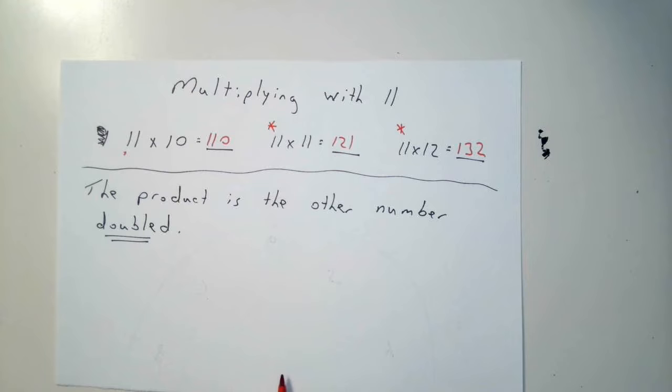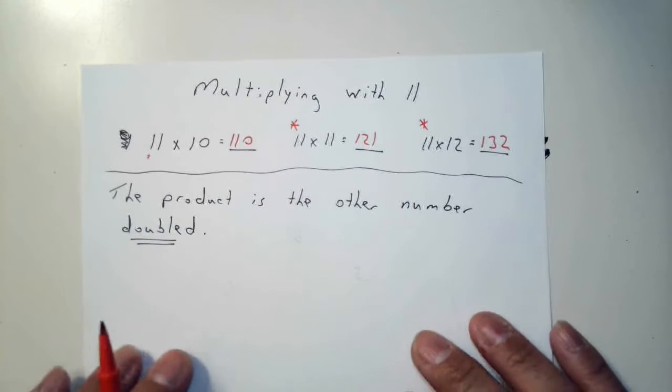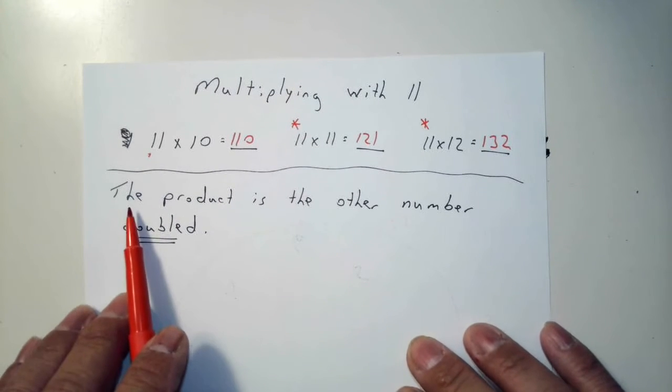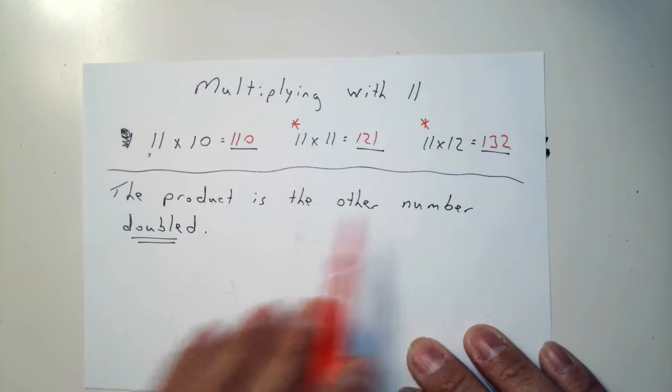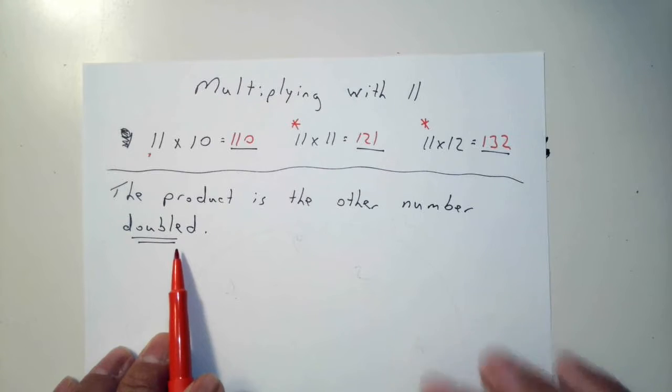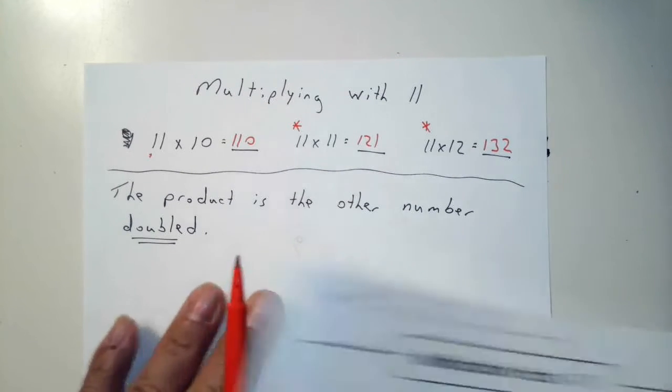So on this one, we are just memorizing the 11s. And here is the little trick to it. The product is the other number doubled. So here's what I mean by that.